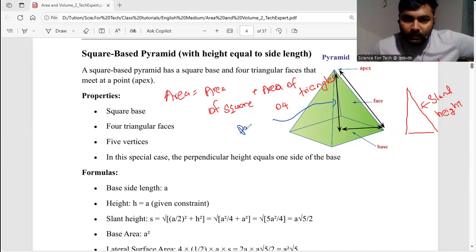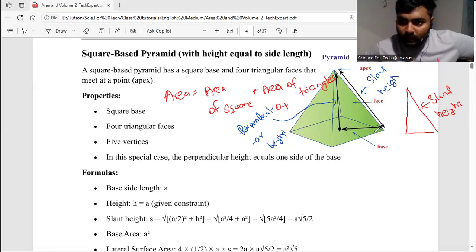This is the perpendicular height. This is the slant height. The half of diagonal.